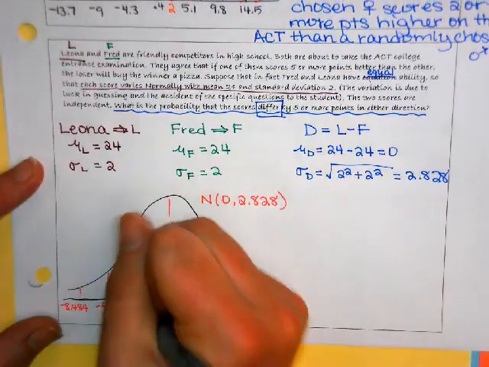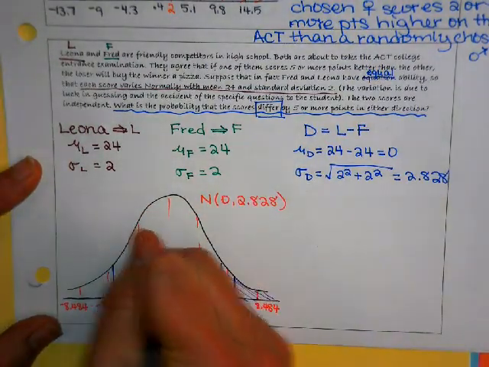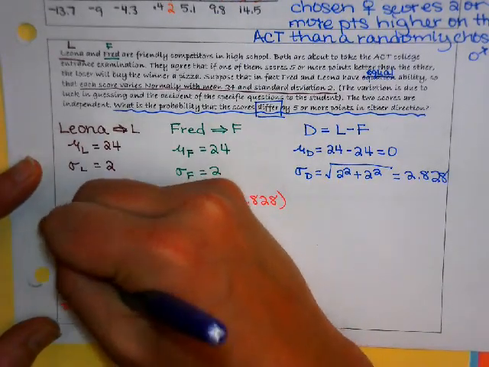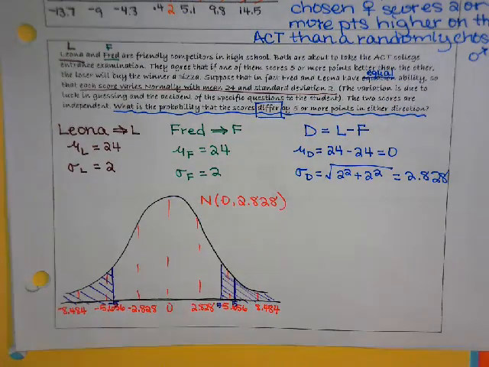Now, what's a cool fact about normal curves? It's symmetric. So if I find this area, I can just double it. Or if I find that area, I can just double it. And it'll give me the area for both. So which area do you want to find? The right. I like that too.